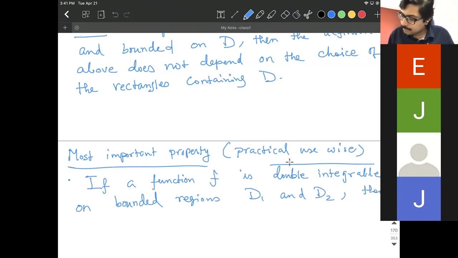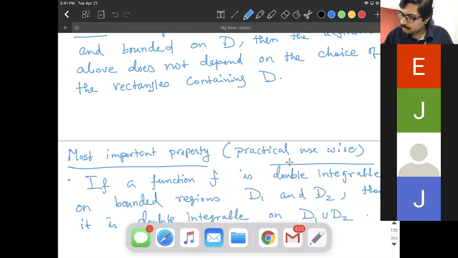Then it is double integrable on their union. Okay.